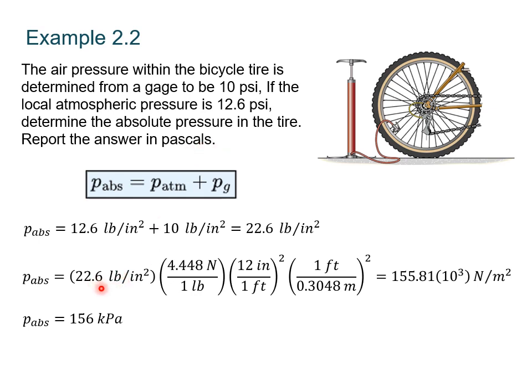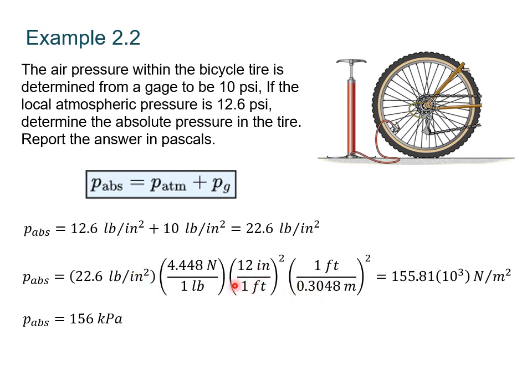So 22.6 pounds per square inch. First, we'll convert the pounds to newtons. So there are 4.48 newtons per pound. So here the pound cancels and we're left with newtons. Now these two terms will convert the square inches to square meters.